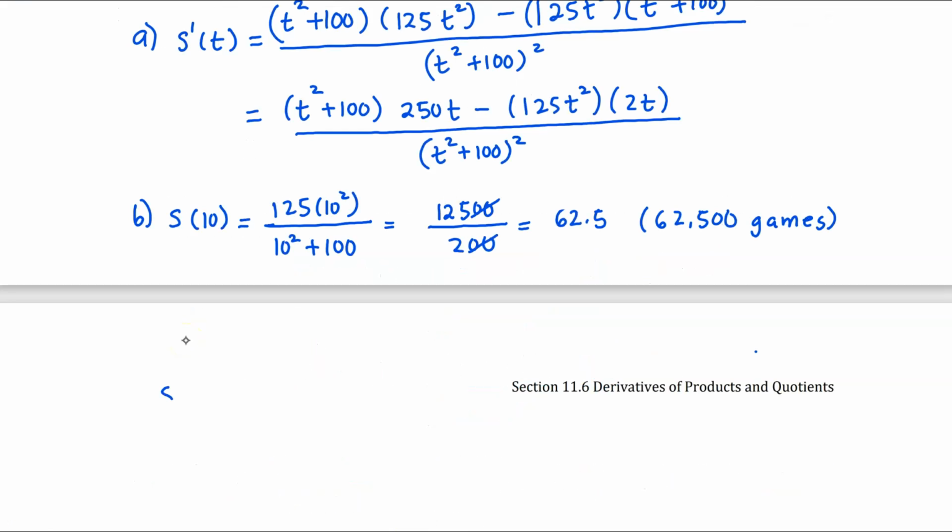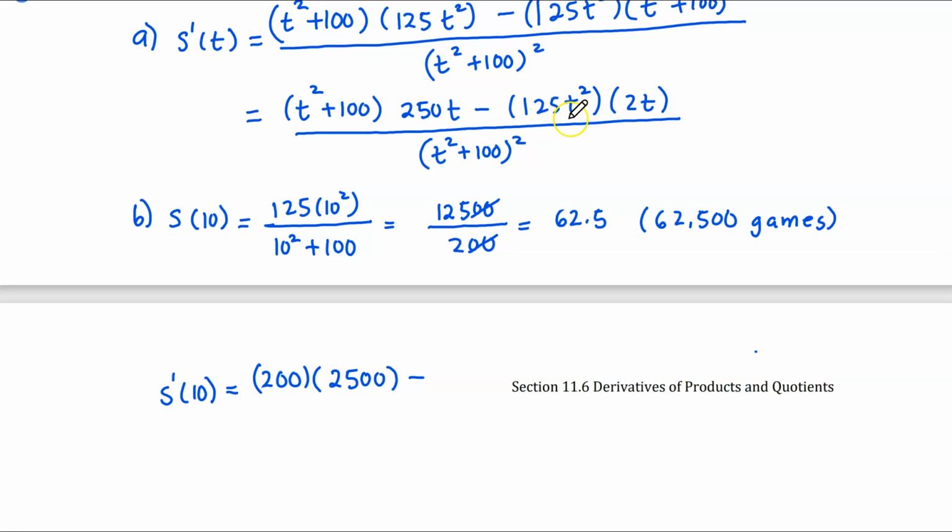Next, we will compute s prime of 10. So to compute s prime of 10, we just replace the t here by 10. So we have t squared, 10 squared, that's 100, plus 100, that gives you 200, times 250 times 10, which is 2,500, minus 125 times 10 squared, which is 100.